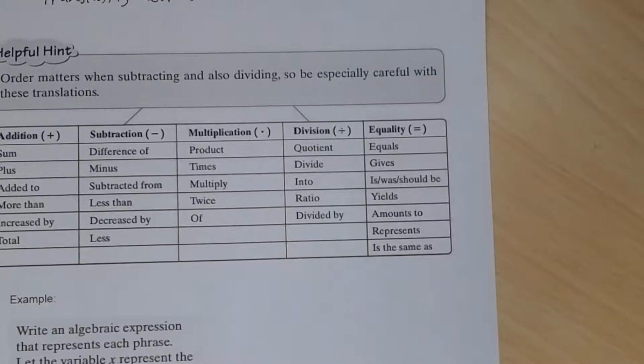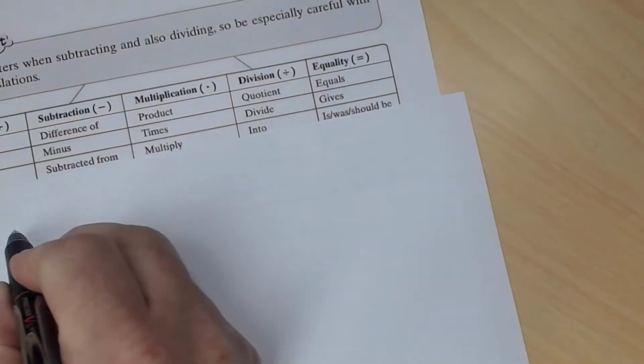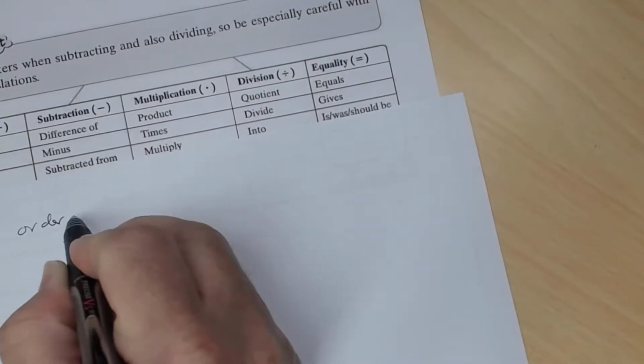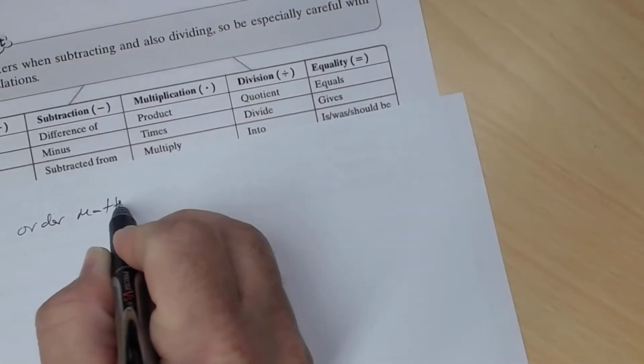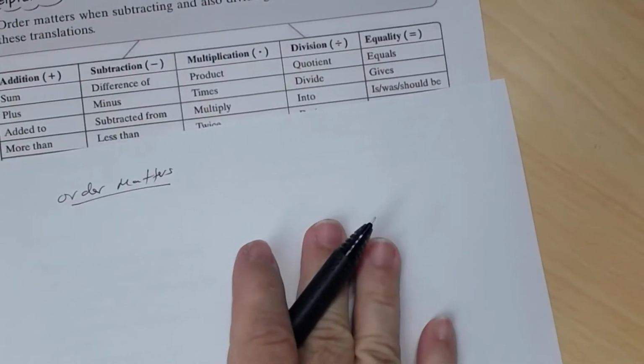I just want you to see why the order matters. In the next lesson, we're going to talk about the definition and the name of that property.